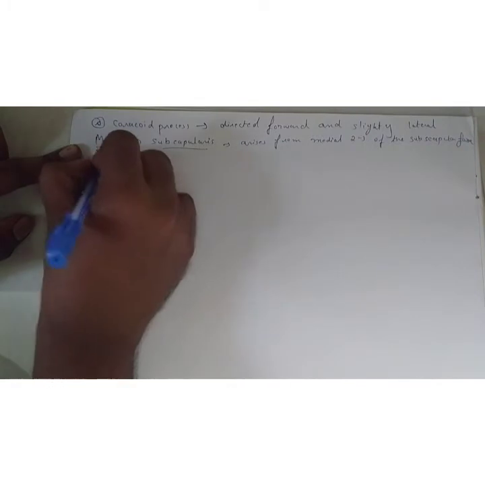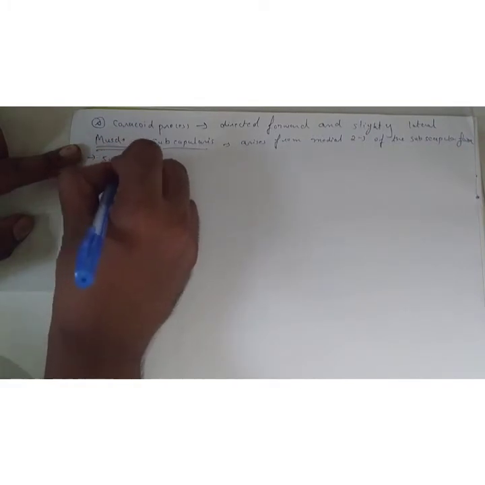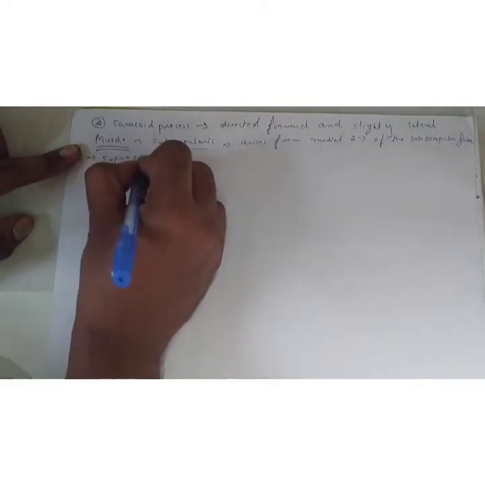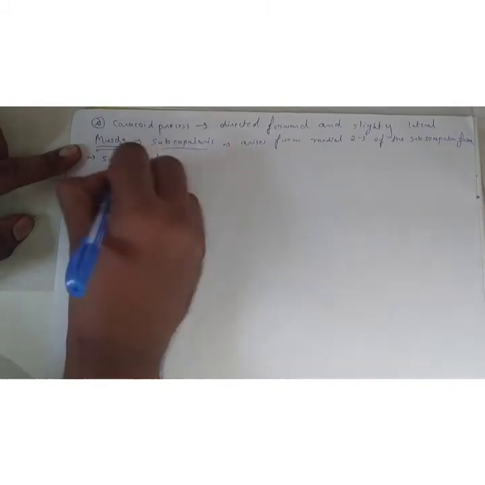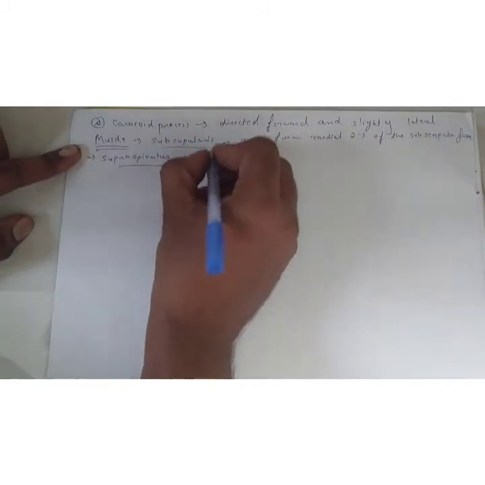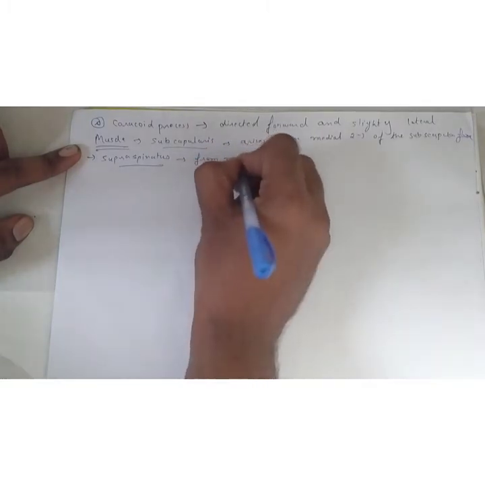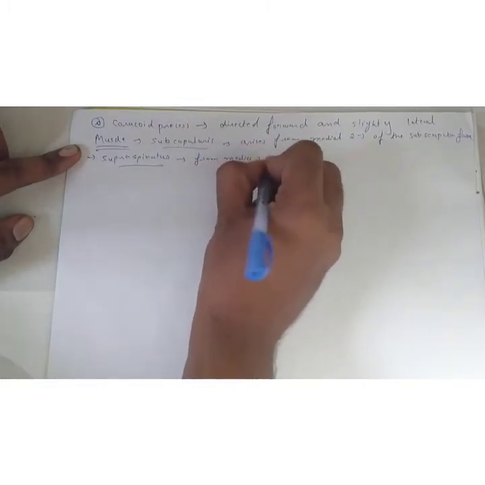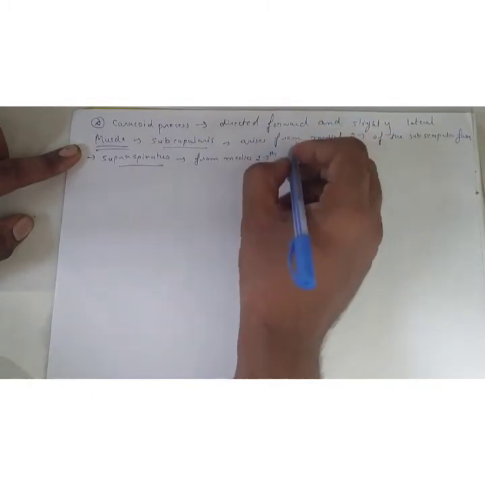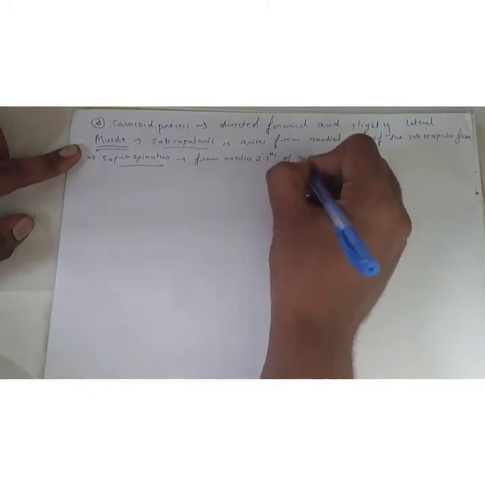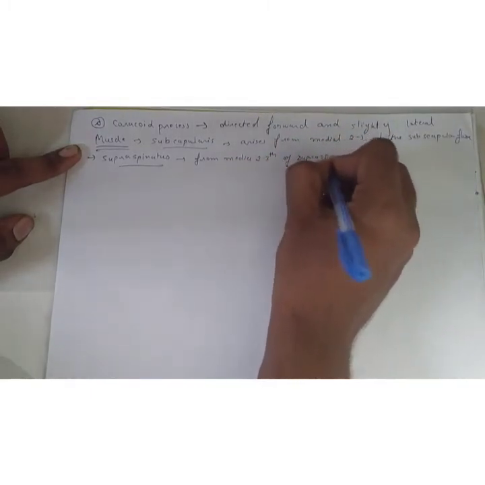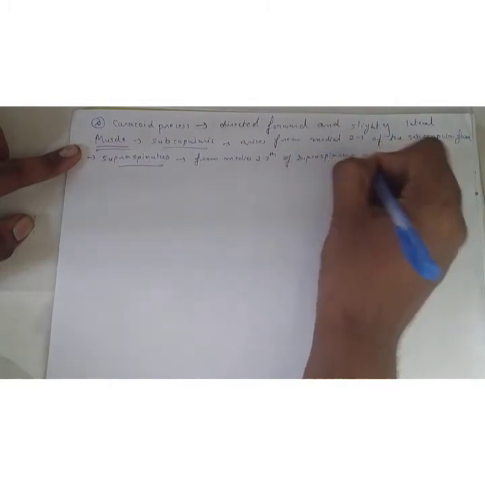Then second is supraspinatus. It arises from the medial two-thirds of the supraspinous fossa.